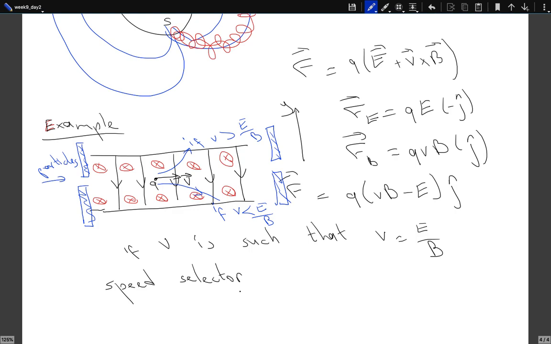So for example, one way of treating materials will be just to send some electrons and bombard your material with electrons. It changes the chemical properties of the material.